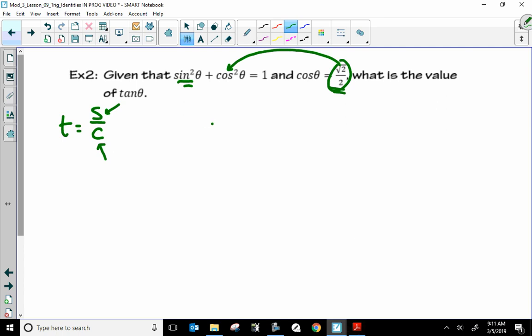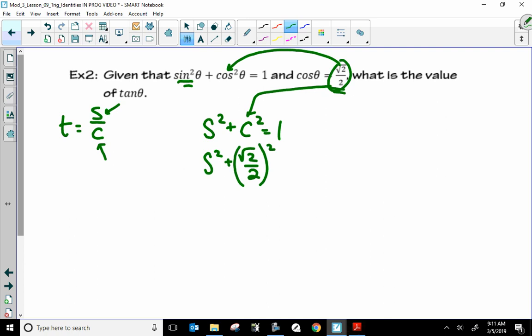So sine squared plus cosine squared equals 1. Cosine is radical 2 over 2. So I say sine squared plus radical 2 over 2 squared equals 1. So sine squared plus, don't forget, I need to square the top and the bottom.